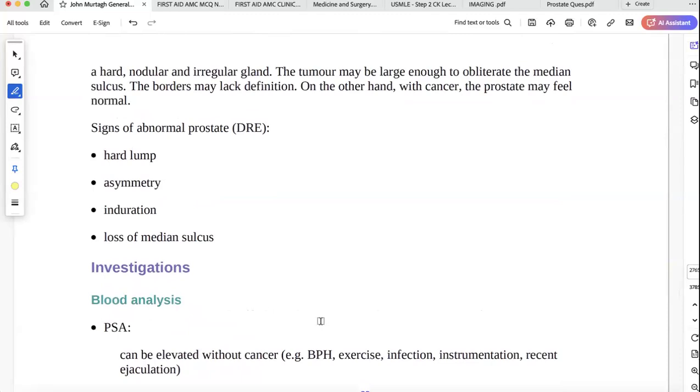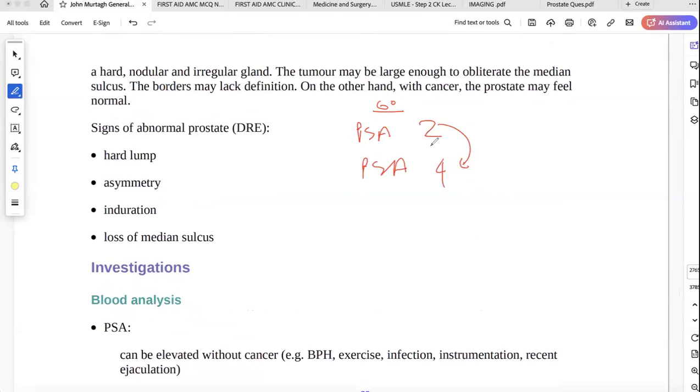Normally, say you have a 60-year-old with a PSA of 2. 2 years later, you have done another PSA, and that has now come up to 4. So it doubled.